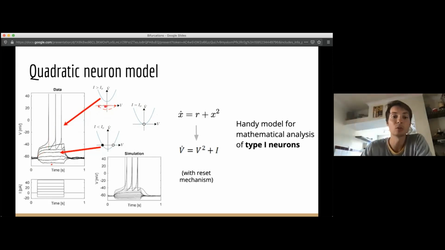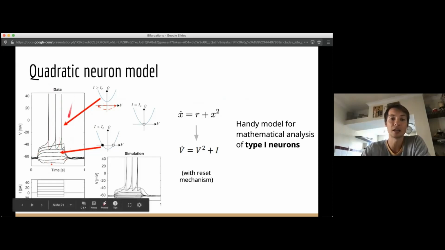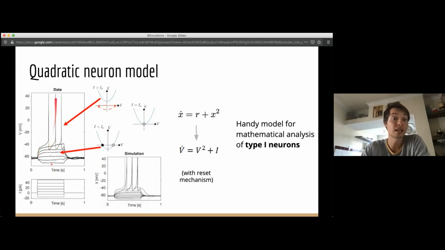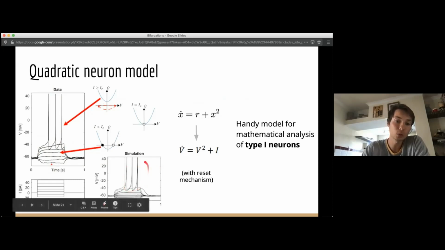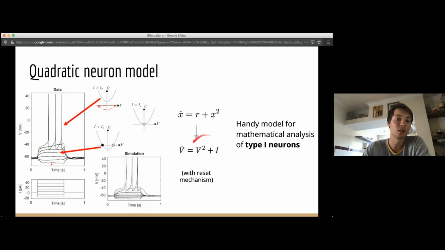But what people do instead is they introduce this reset mechanism. Every time the value of x reaches some level, it is reset back to some initial value. Thanks to that mechanism, we can trigger something like oscillations. And here I believe we have data that was actually recorded in the lab. And here is the simulated behavior of exactly this very simple system.